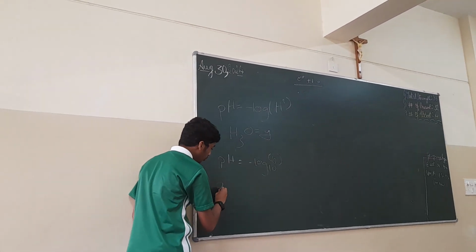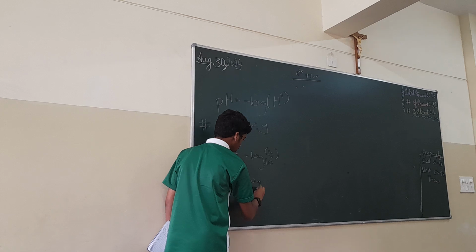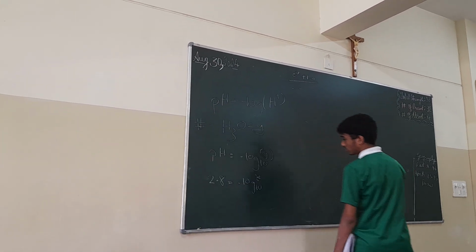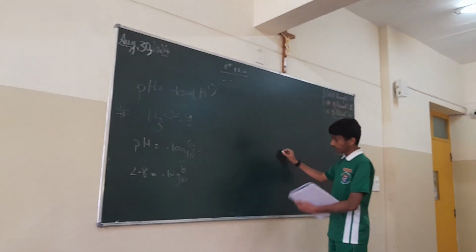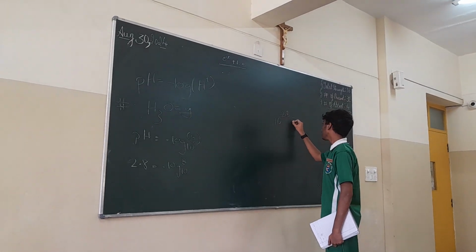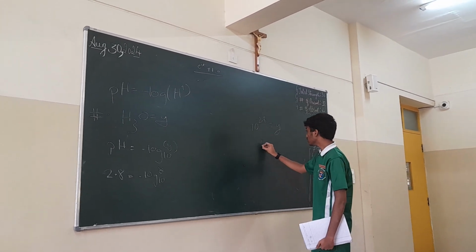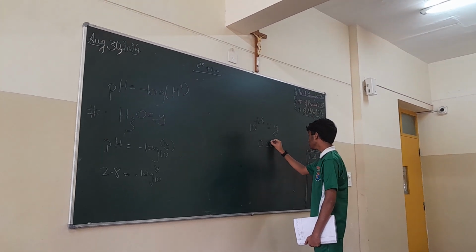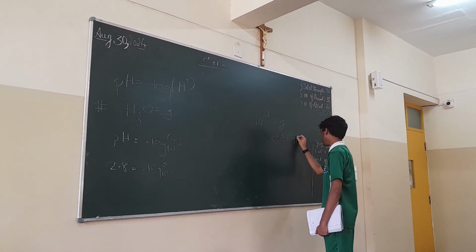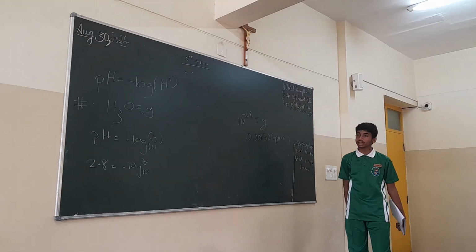So pH 2.8 is equal to negative log y to the base 10. So 10 raised to negative 2.8 is equal to y. I have given a direct answer here: 0.00158 approximately. This is the value of the hydronium ion concentration in the solution.